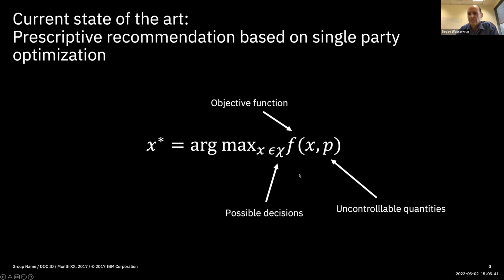For example, in a supply chain problem, the demand is not something you can control, or the time it takes your suppliers to deliver the goods from the time you make the order is also something that typically you can't control.